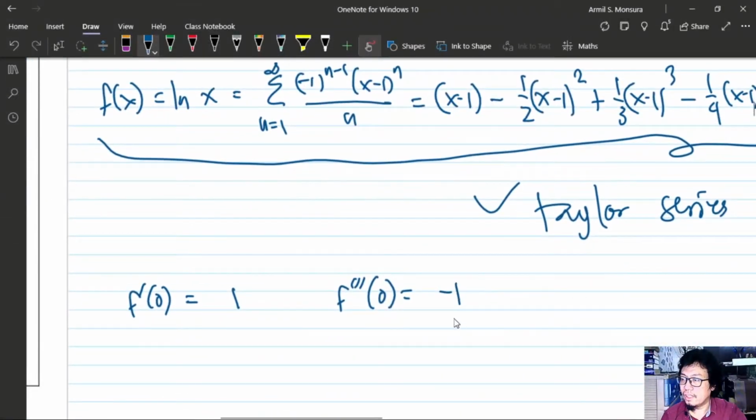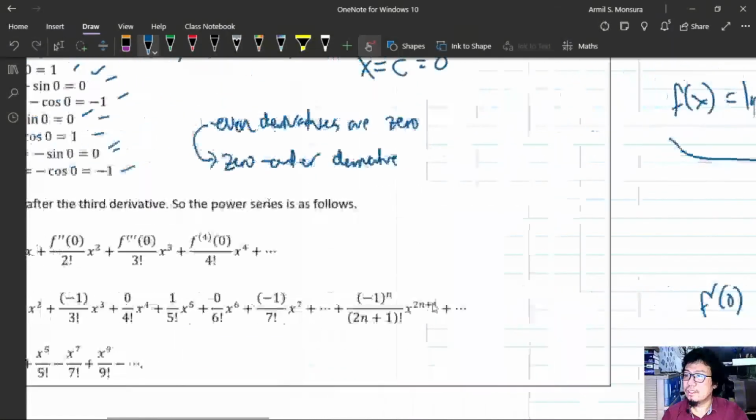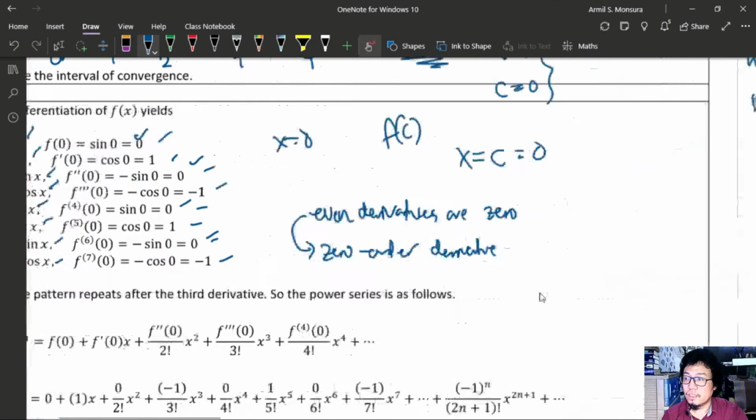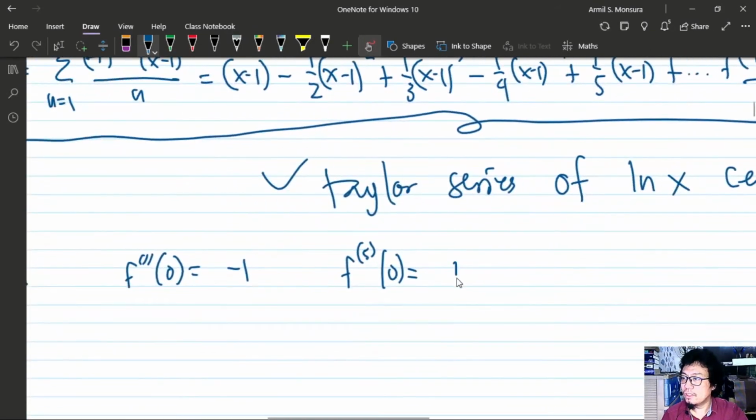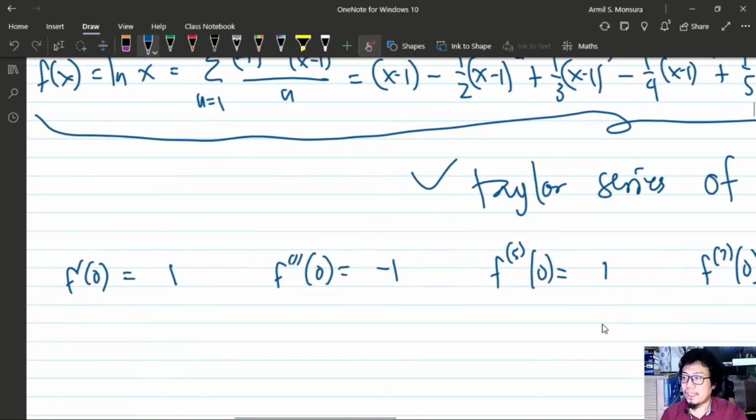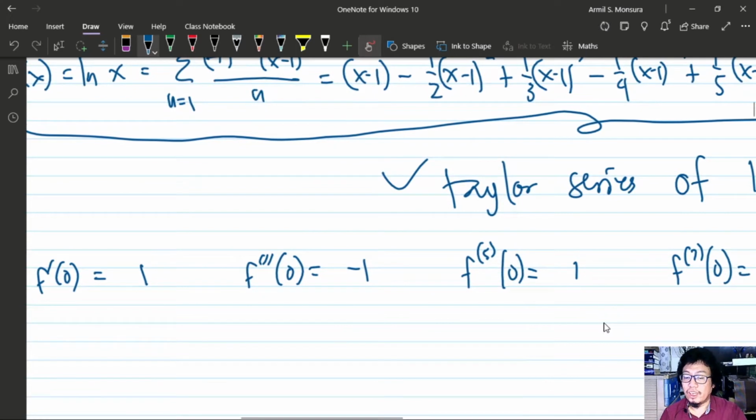The fifth derivative of f at 0 is positive 1, and the seventh derivative of f at 0 is negative 1. So from there, you can see a certain pattern. Here, we already dropped all the terms that will be 0, so we are looking at the odd derivatives already.